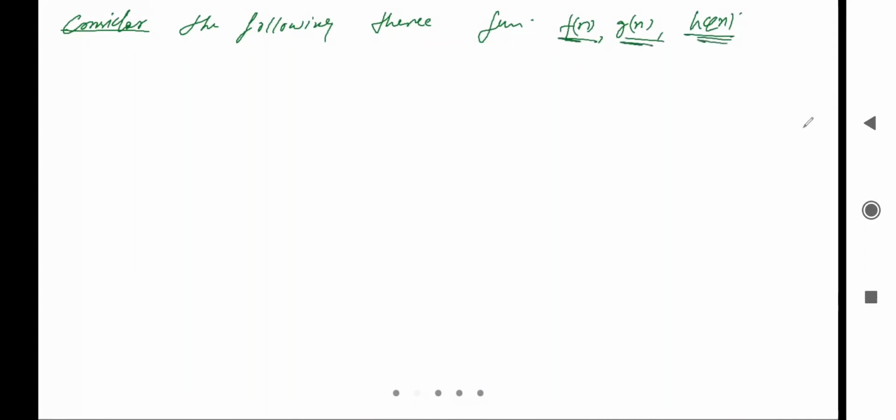These are the three functions as follows: f of n equals order of g of n, and g of n is not equal to order of f of n.